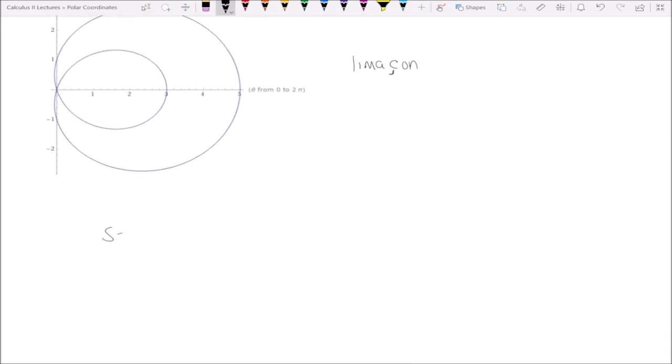So what we're going to have is length is the integral from 0 to 2 pi of the square root of 1 plus 4 cosine of theta squared plus now its derivative, which is negative 4 sine of theta squared, d theta.